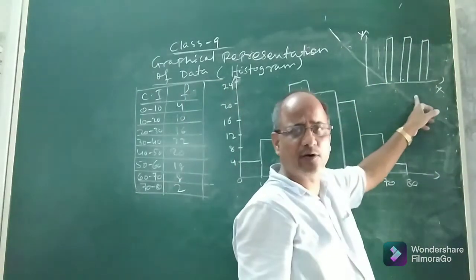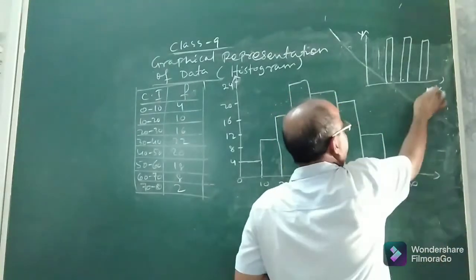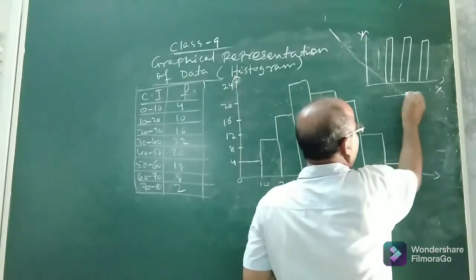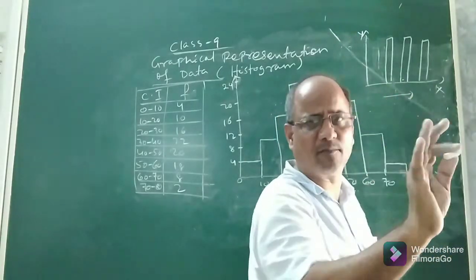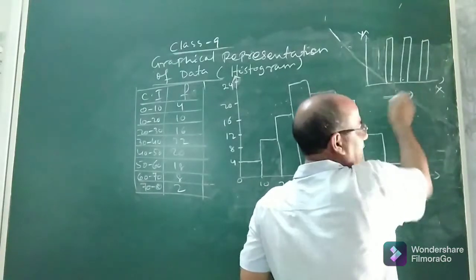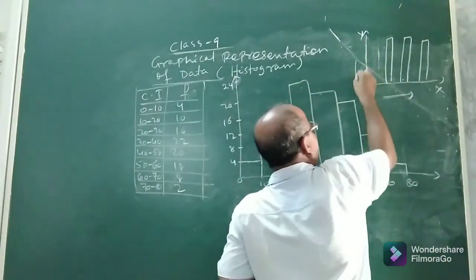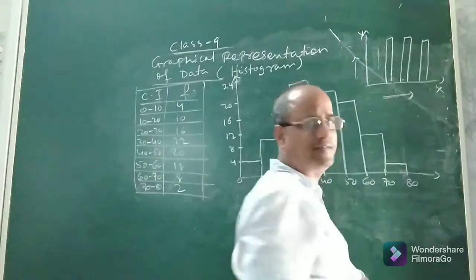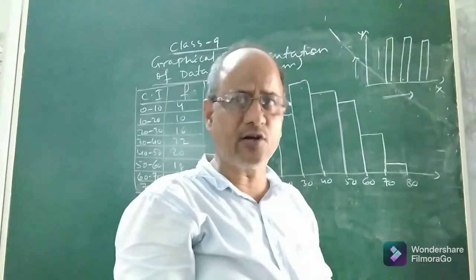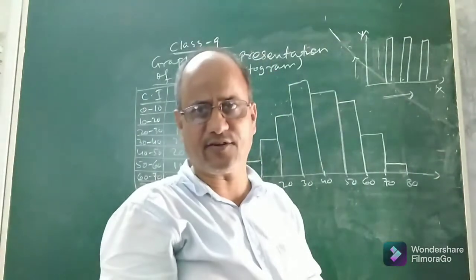In this figure, we find that x and y are the two coordinate axes. Take one quantity or variable along the x-axis, then take another quantity or variable along the y-axis, then choose a scale. How to choose a scale, you know, in class 8, in introduction to graphs as well as in statistics.